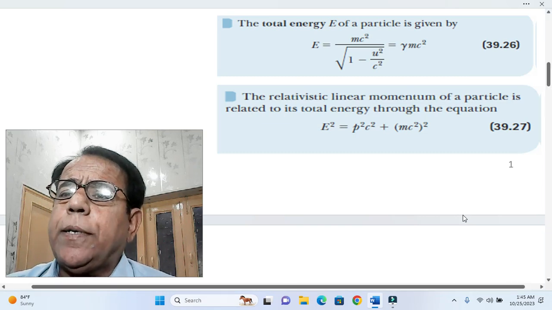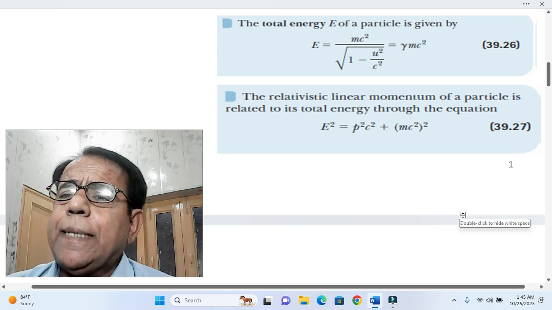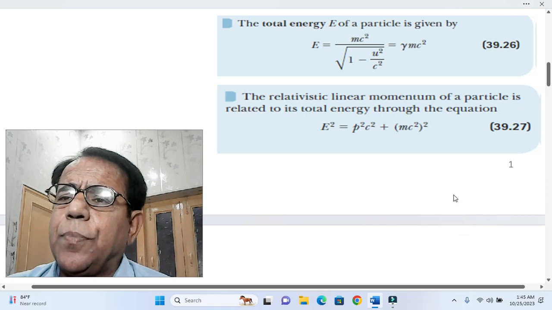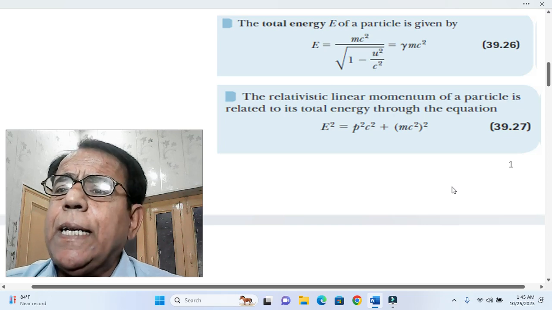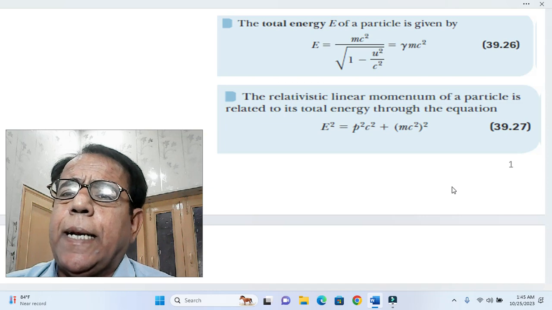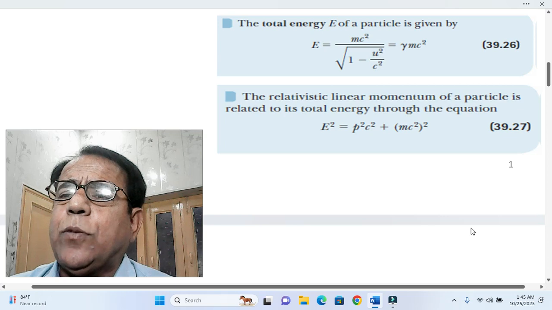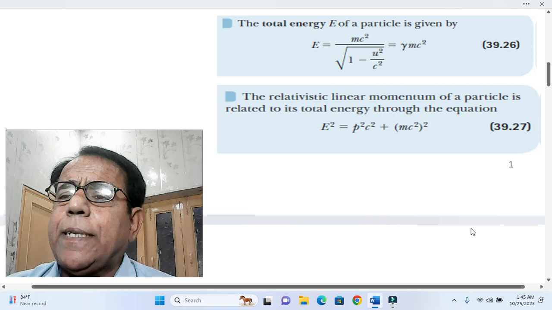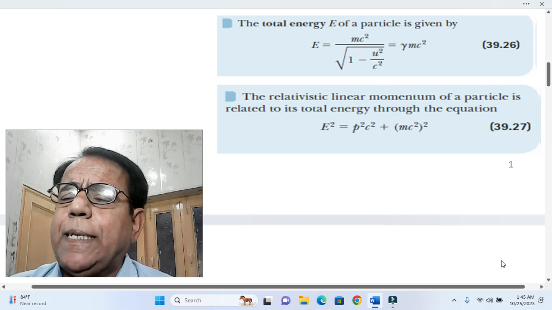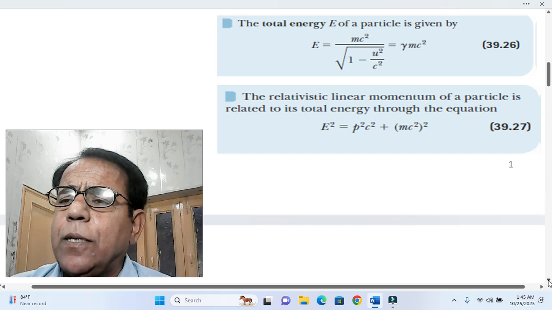The third snapshot gives us a relation between total energy, rest energy, and momentum. The relativistic linear momentum of a particle is related to its total energy through the equation E square is equal to P square c square plus mc square whole square.